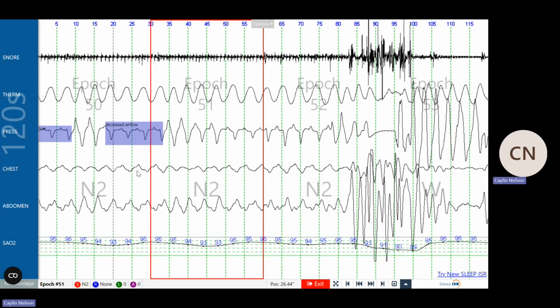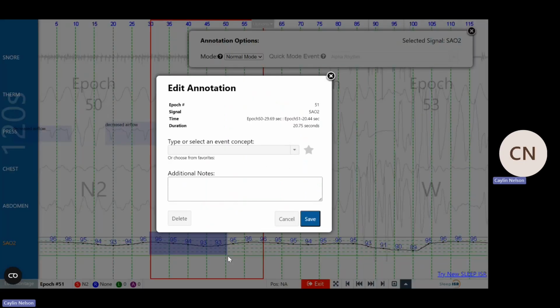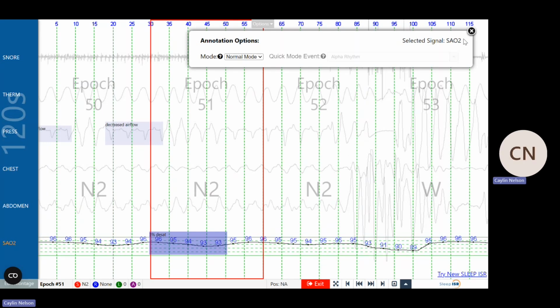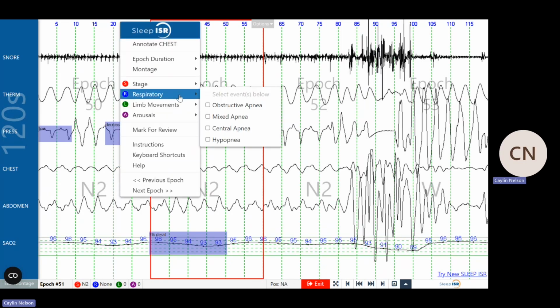But as you can see in those airflow channels, we do have some 3% desaturations going on there. In between about 30 and 55, 96% to 93% is going to be our 3% desaturation there, as well as one in that beginning.